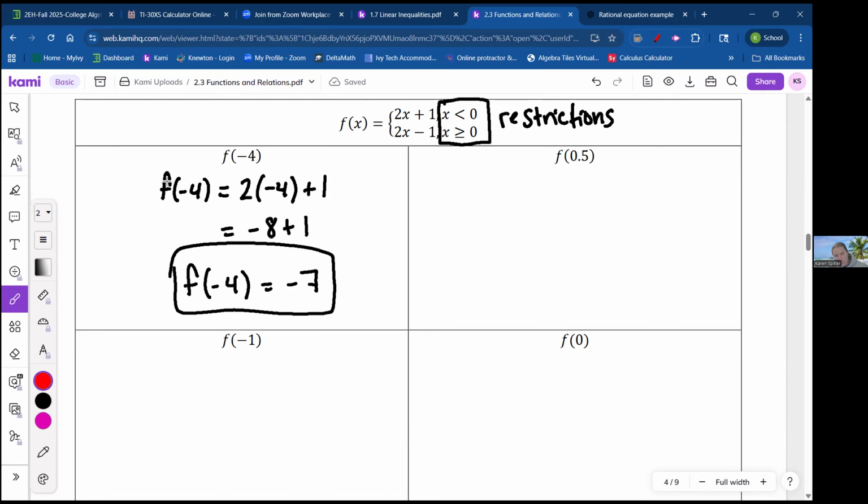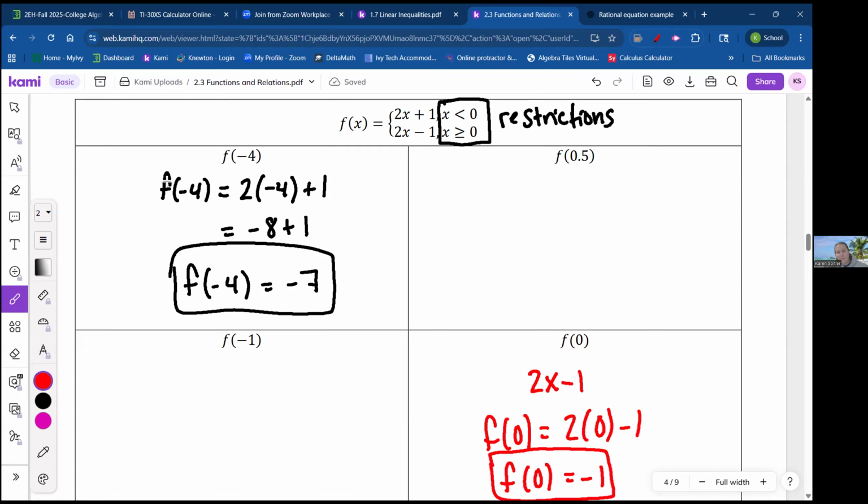So we're going to use our 2x minus 1 here. So f of 0 is 2 times 0 minus 1. So f of 0 is -1, right? Okay. All right. Why don't you guys do the two that remain?